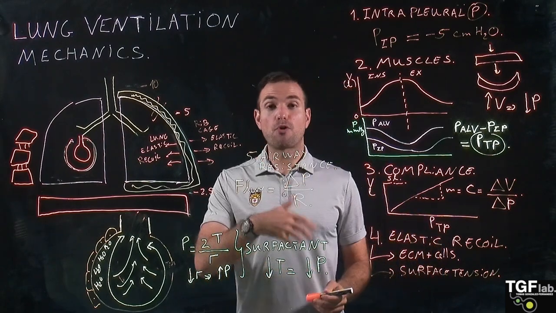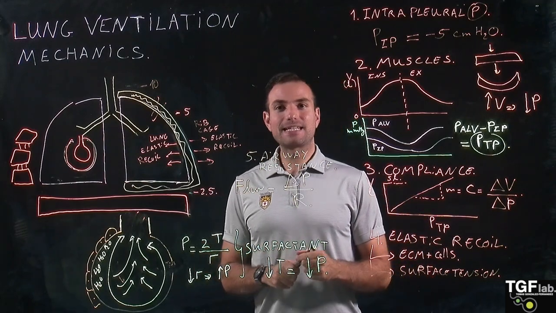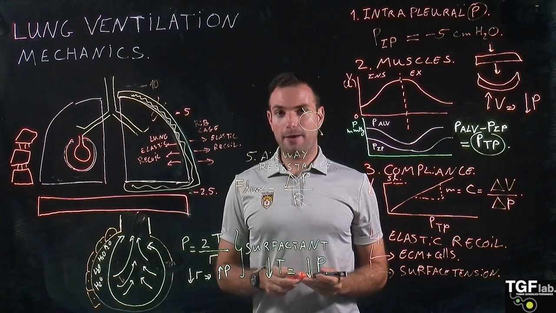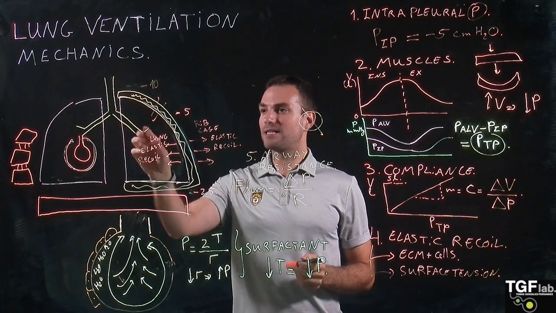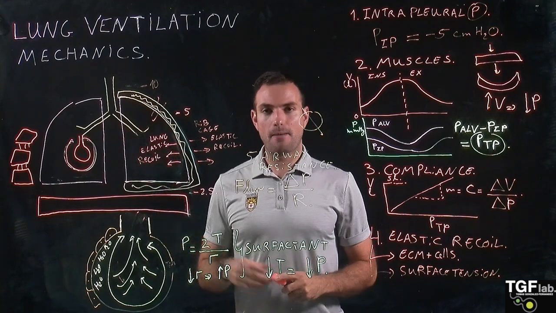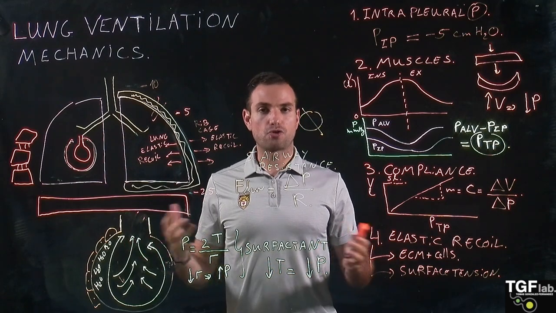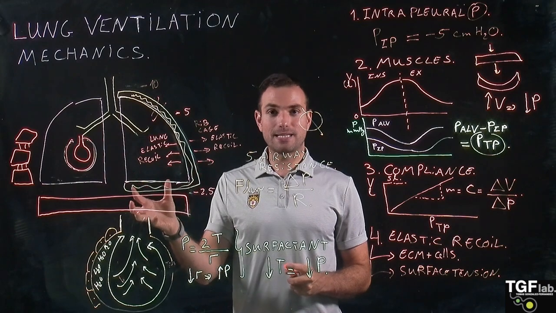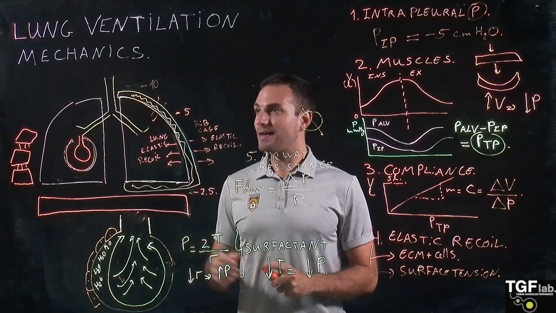So if we have more resistance, there is going to be less flow of air. And the resistance is regulated by the diameter of the airway. And the diameter of the airway can be regulated in the smooth muscle. So here in the bronchi and the bronchioles, it can be controlled through the autonomic nervous system, through different hormones and different substances in our blood.